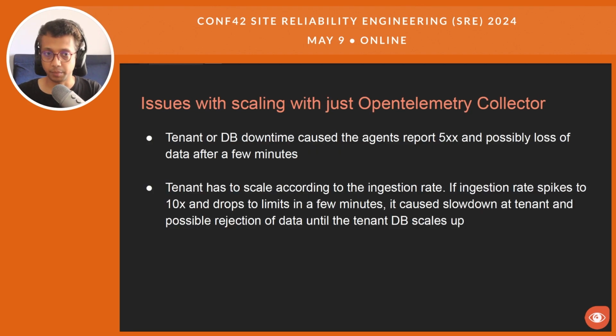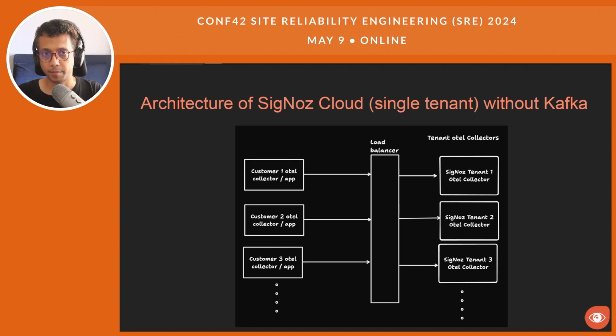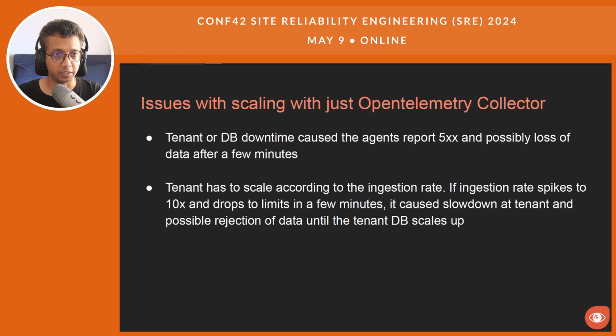There's always some time which the tenant DB takes to scale up, and during that time there will be loss of data for the tenant. So effectively, customers may see some data getting dropped, which is obviously not a good thing, right? So these were some of the problems which we immediately identified with a single tenant architecture.